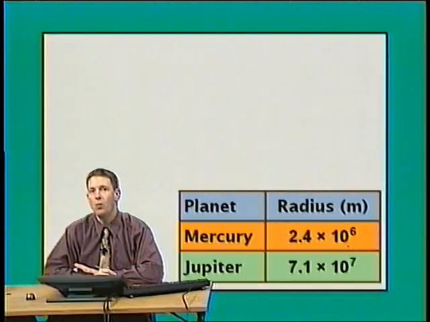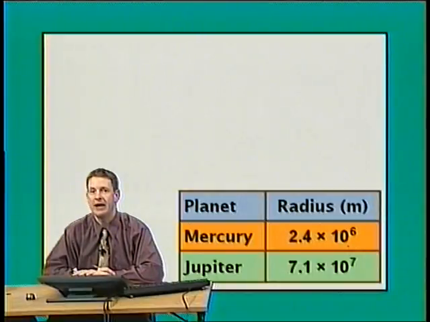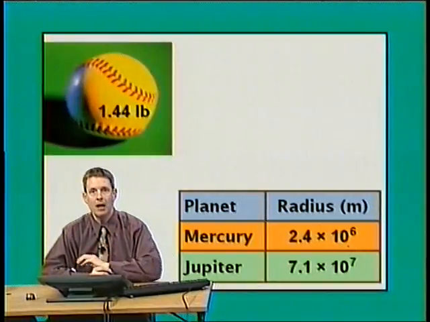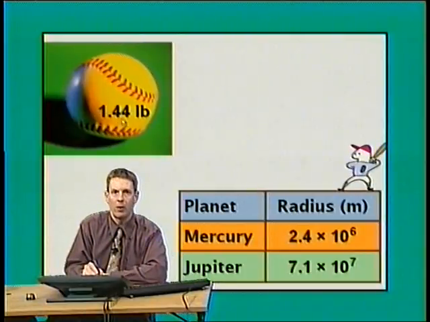That's because when you round numbers before your final calculation, you very frequently get something called propagated error, and I think I have a pretty easy example for you to understand what this propagated error is. Let's pretend that a baseball weighs 1.44 pounds.